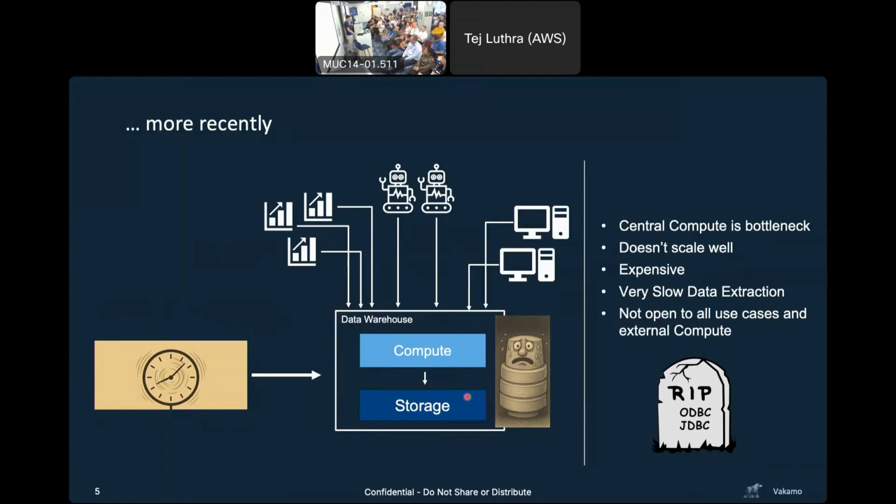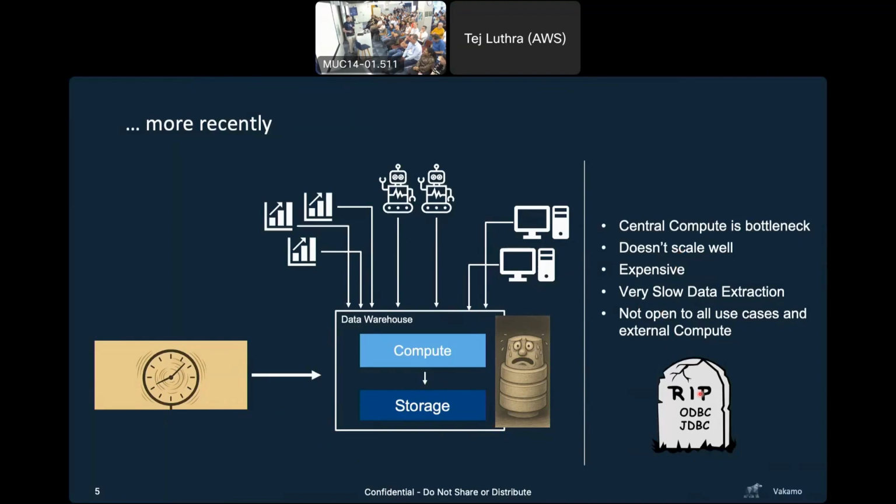Instead, we have all of these different compute systems up here, and they already have a CPU. So why don't we use this CPU power that we have up here and directly access the data which is stored on our storage? In these traditional systems, compute has been a bottleneck. It doesn't scale well. Scaling a single machine is super expensive. And then also, I really like my image down here.